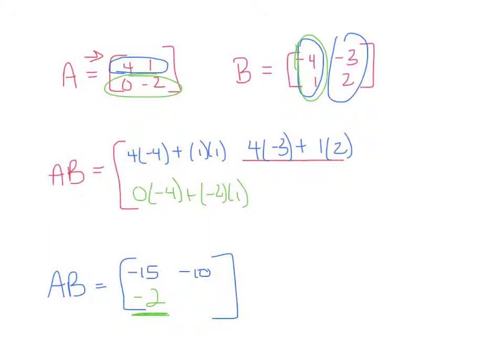And then for second row, second column, I'm going to multiply the second row times the second column, which is 0 times -3 plus -2 times 2, which is -4.